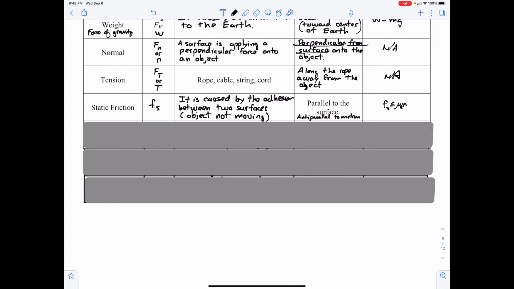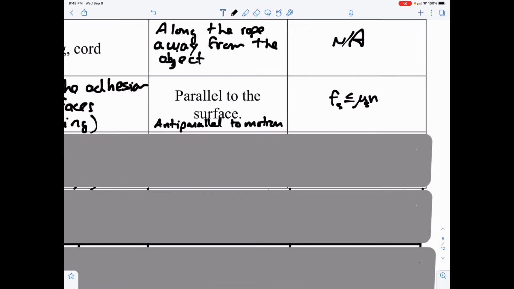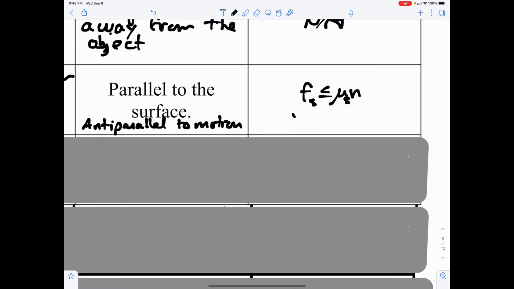Now, the direction is not just parallel to motion. A more specific answer would be it's anti-parallel to motion, meaning it is always drawn opposite to the way we're trying to move. So if I'm trying to push a box to the right, static friction acts to the left. The equation, if you recall, is F sub S is less than or equal to mu times normal force. However, most times we're just going to write it as friction is fun.